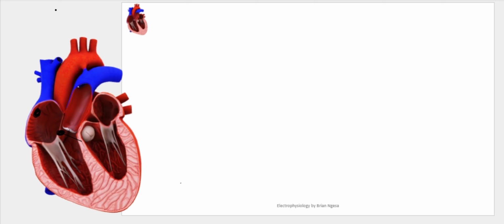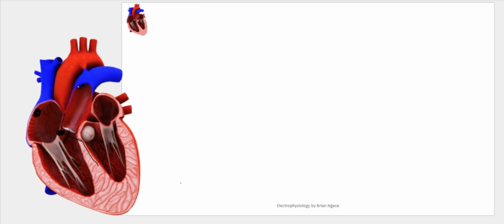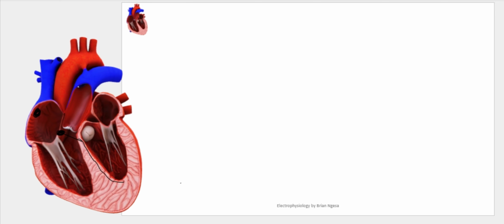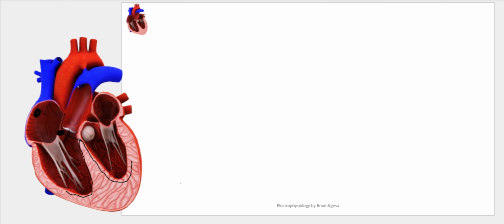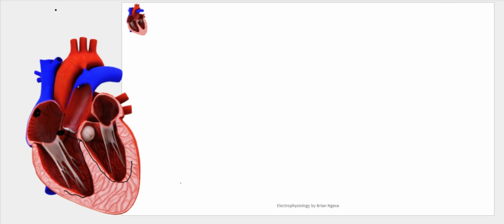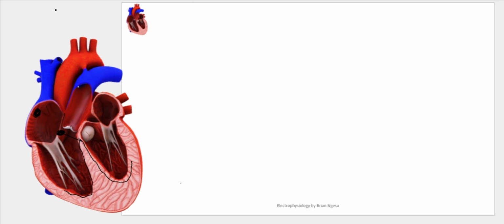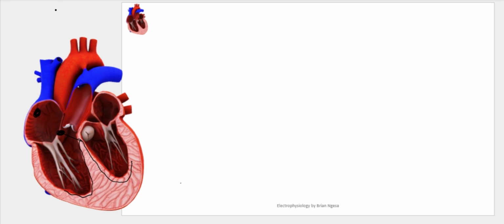We have the right, we're having the left. So let's write the left major branch, and we're having the right. So of course this will continue to subdivide up to the Purkinje fibers, that of course are likely to spread the action potentials into the ventricles.